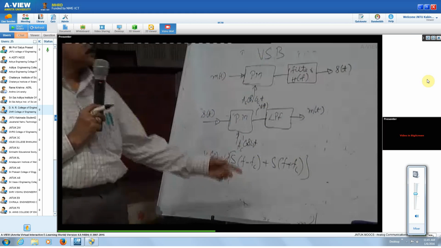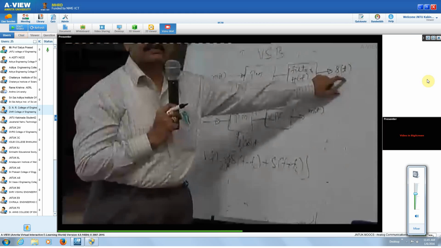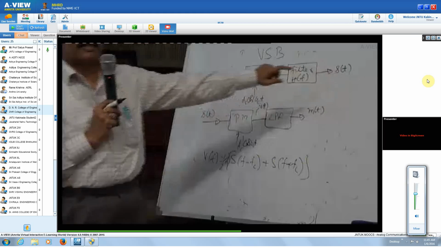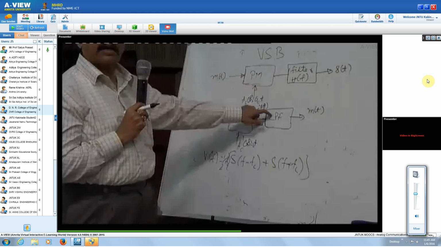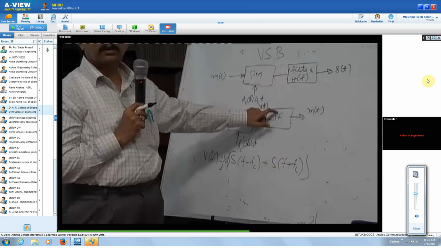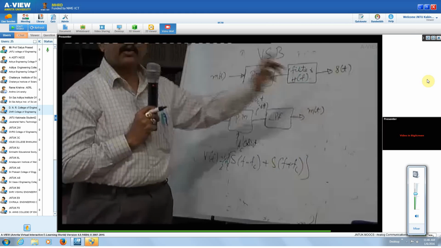But what is S of f? This is the spectrum of this. And what is s of t? The output of the DSBSC signal passed through the filter that we are going to have.